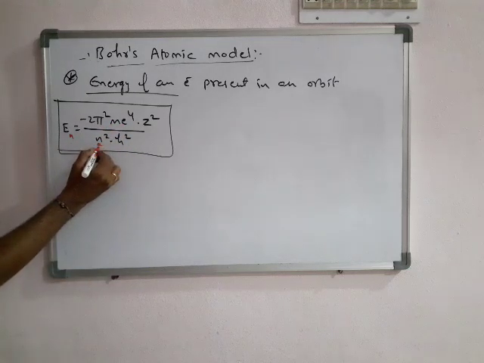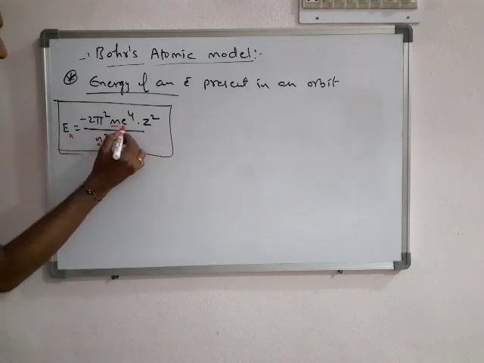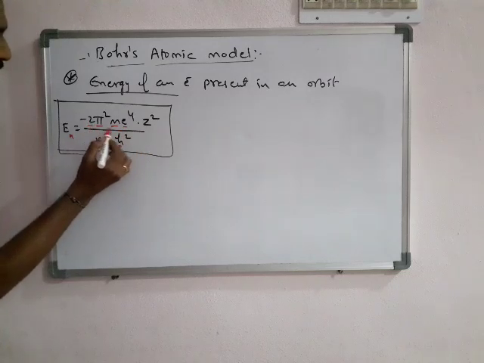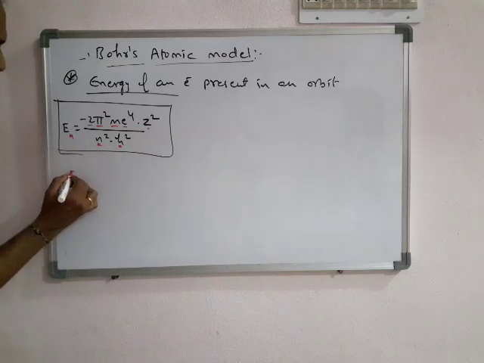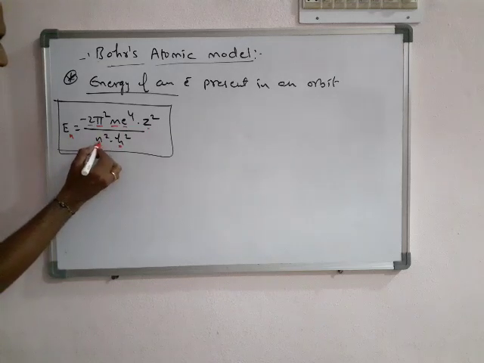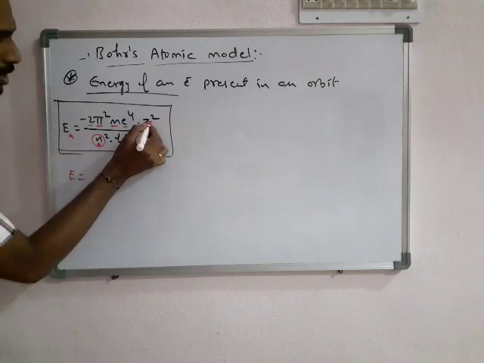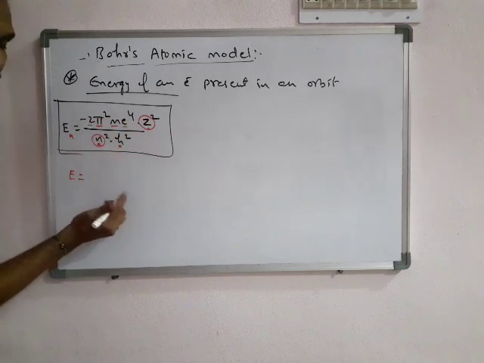Here we know n is the number of the orbit, h is Planck's constant, m is the mass of electron, e is the charge of electron, the value of pi we know is 3.14, 2 is constant, and z is the atomic number. Again, what are the variables? n is a variable, meaning its value changes. The atomic number also changes. The remaining are constants.